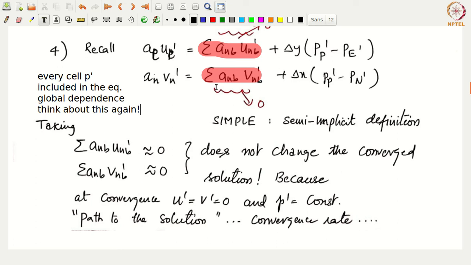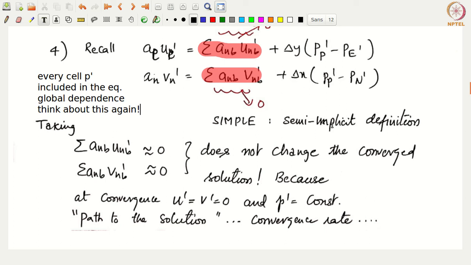That's why the SIMPLE algorithm makes these terms 0. That is where the naming for SIMPLE has come from. It stands for semi-implicit method. That is because these neighboring coefficients are made 0. As a result, we are only solving a semi-implicit problem. This is only implicit in pressure primes, but not fully implicit. If it was fully implicit, then u prime would also depend on u_nb primes.